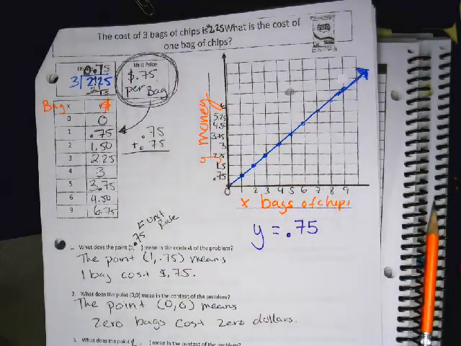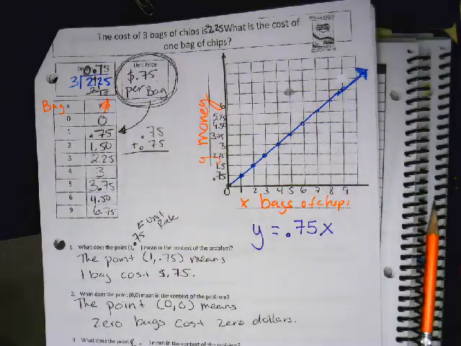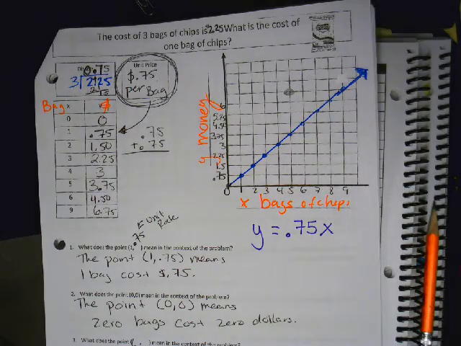And what do I always put at the end? X. Since we're writing equations, we do not use the dollar sign. Why is there an x? Because these are x's in graphing. In a T table, these are x's.